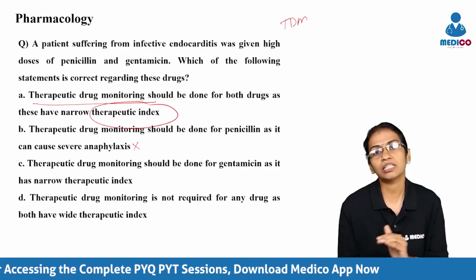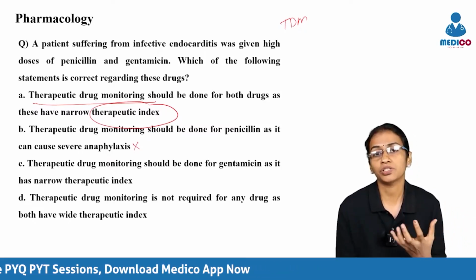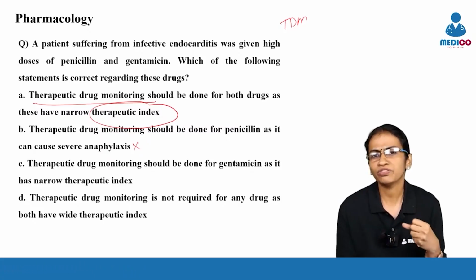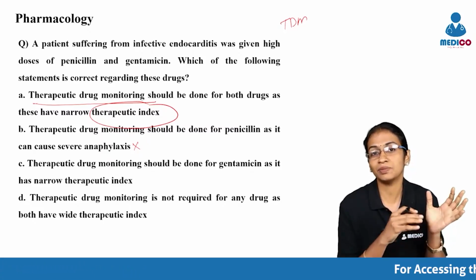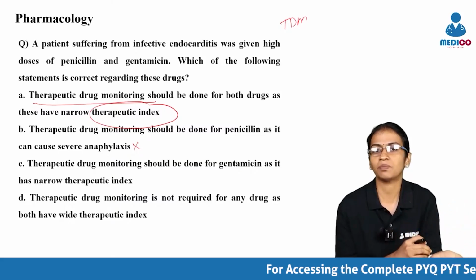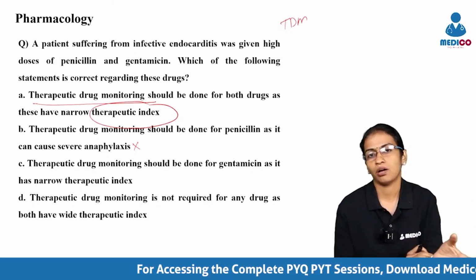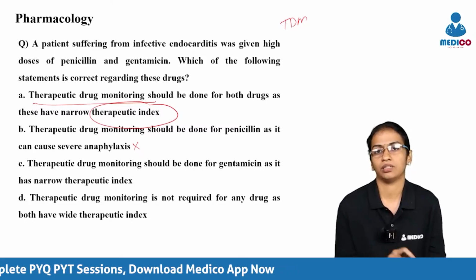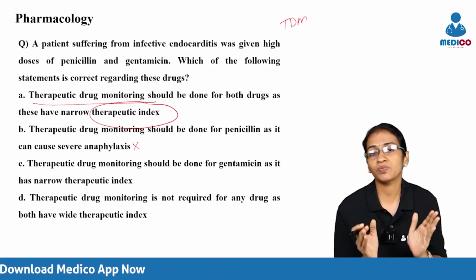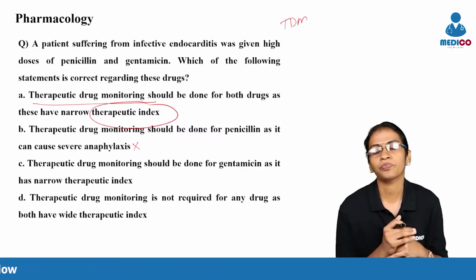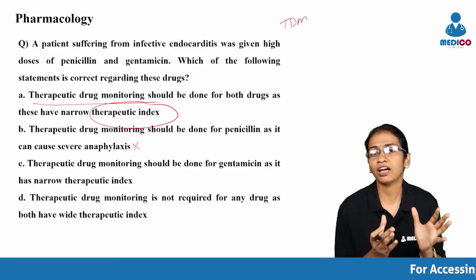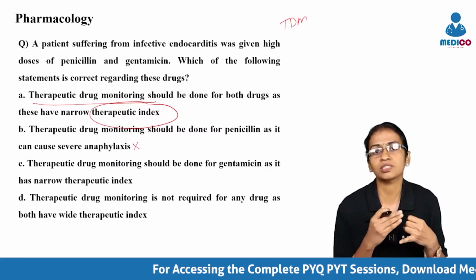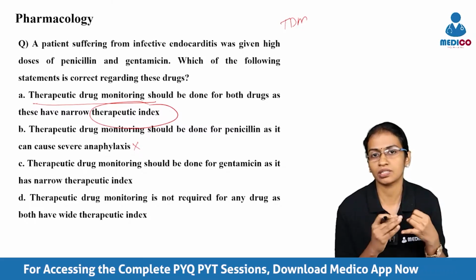Now the next question comes: when should you do therapeutic drug monitoring? Should we do it for antihypertensives? It is simple to say that the plasma concentration of the drug is monitored to see whether it is within the therapeutic range, but the process is very tedious. So if we have good clinical markers, like in the case of antihypertensives, you can just measure the BP to see whether the drug is effective.